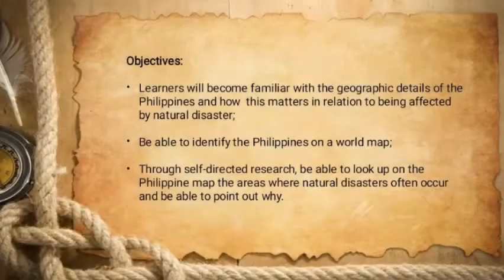But before we go through our lesson, let us first know the objectives of this lesson. First, learners will become familiar with the geographic details of the Philippines and how this matters in relation to being affected by natural disasters. Second, be able to identify the Philippines on a world map.